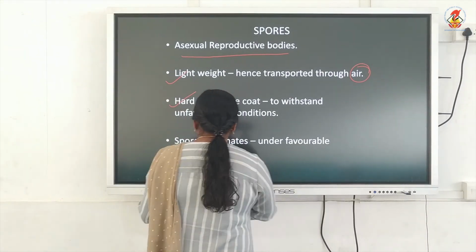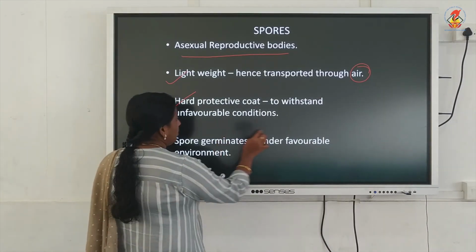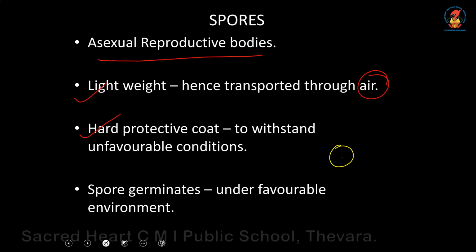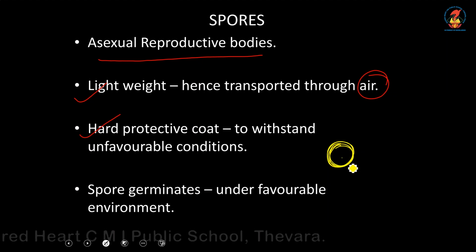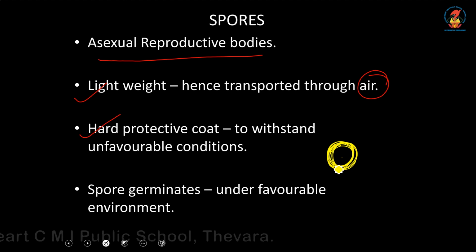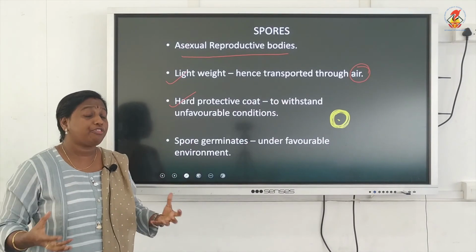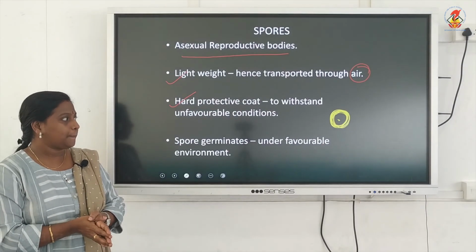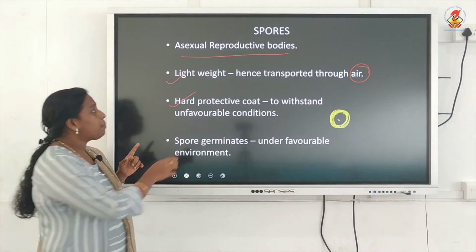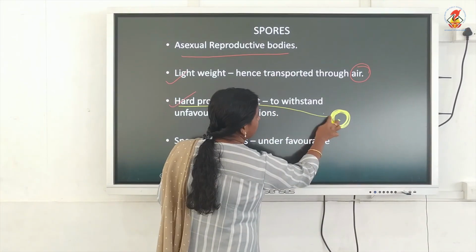So, if this is a spore, the spore will be having a tough outer coating. The outer coating will be very thick, okay, and this outer coating will help the spore to cope up with its unfavorable condition. Okay, it will be having a hard protective outer covering.